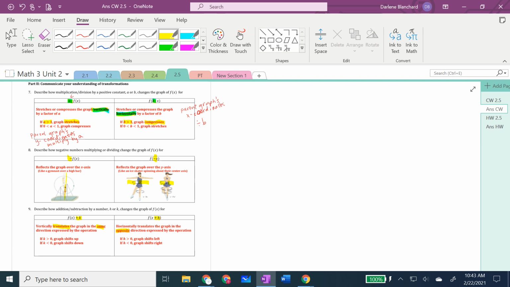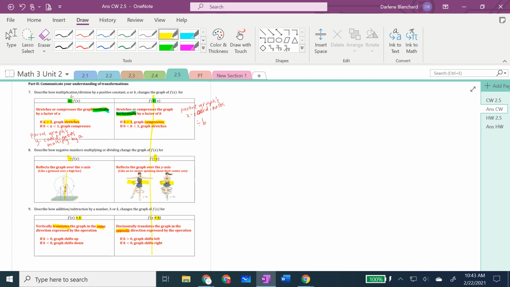So the operation outside the function affects y. The operation inside the function affects x. That outside operation affects y by doing that operation to your y's. And then over here, that operation to the x does the opposite operation to each of your x's.